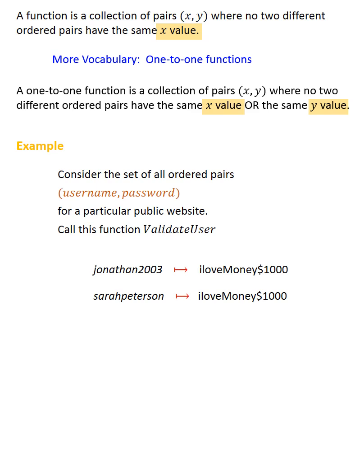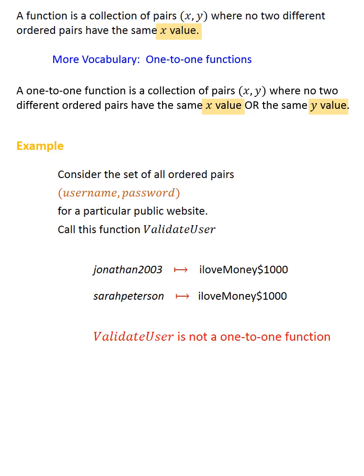I'll use the same two examples that I had earlier. If this were the case, that both of these different users had the password ILoveMoney1000, then we would be able to say that this function is not a one-to-one function. The logic being, there are two different input values, Jonathan 2003 and Sarah Peterson, both of which map to the same output value, ILoveMoney1000.